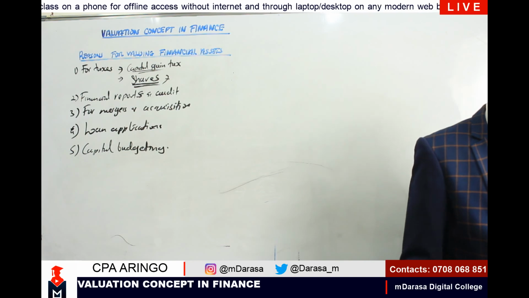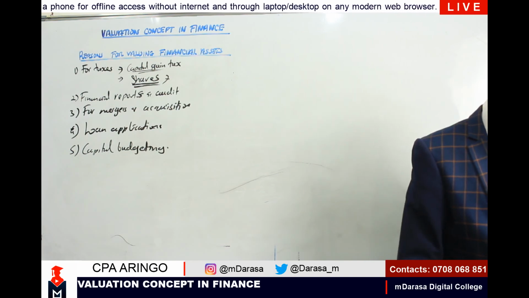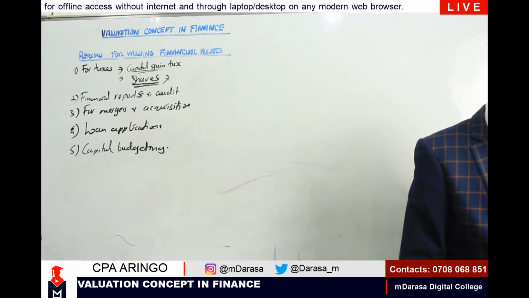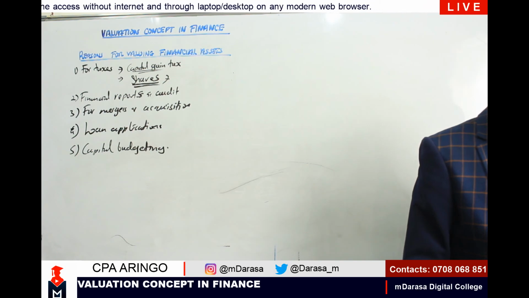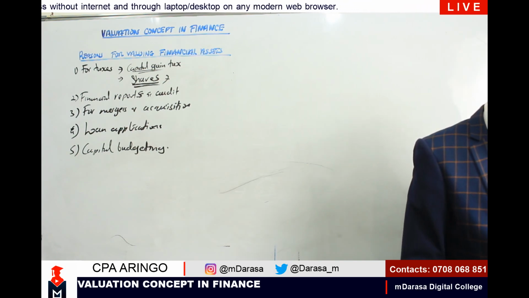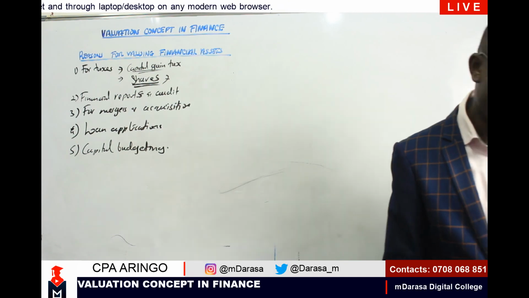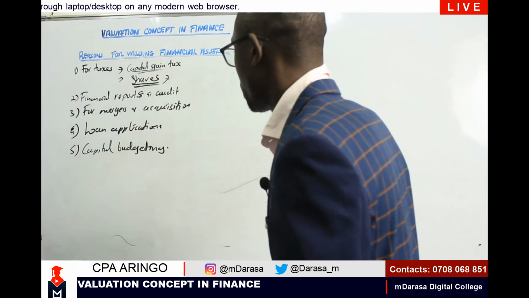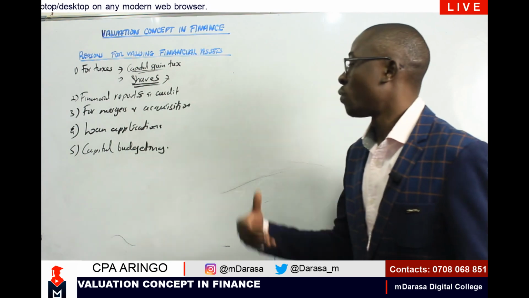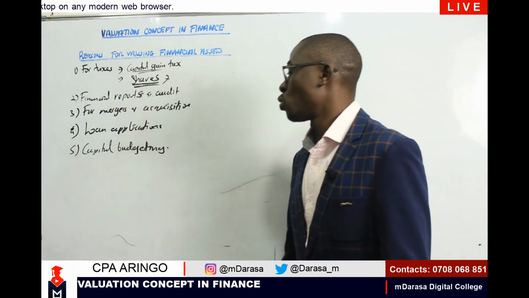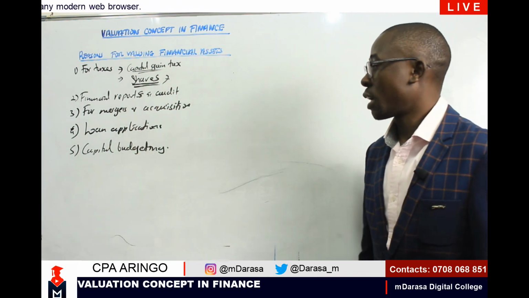The value of each tangible as well as intangible asset of the company needs to be evaluated in order for the planning process to make sense and create a realistic forecast of future developments. We need to estimate what we'll be having in future. So that one is very key, capital budgeting.